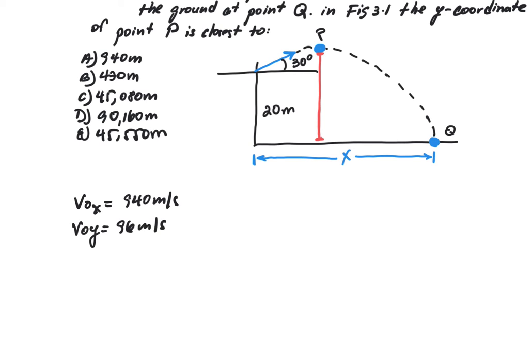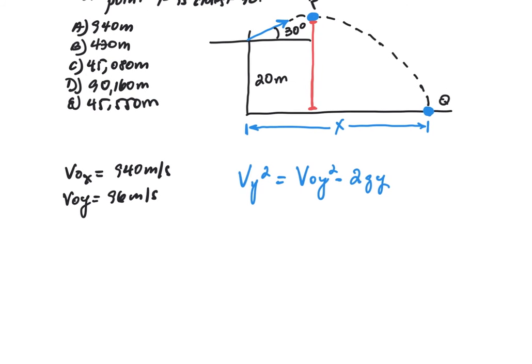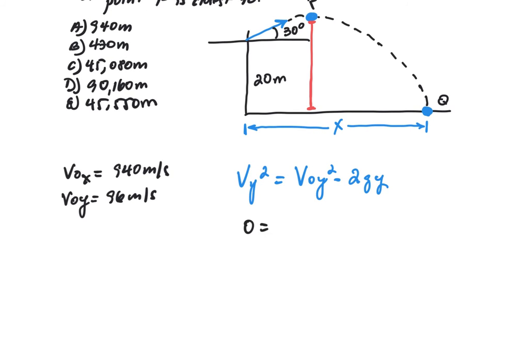So the formula that we're going to use is V y squared equals initial velocity of y squared minus 2 gravity of y. Okay, so the left side is going to be 0. This is going to be 96 squared minus 2 times 9.8 times y.